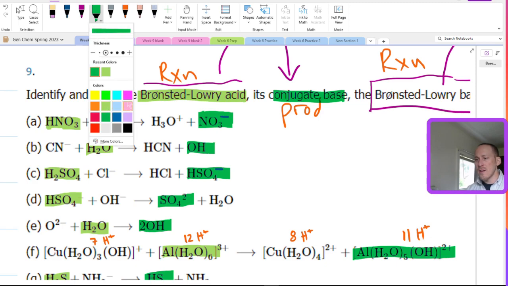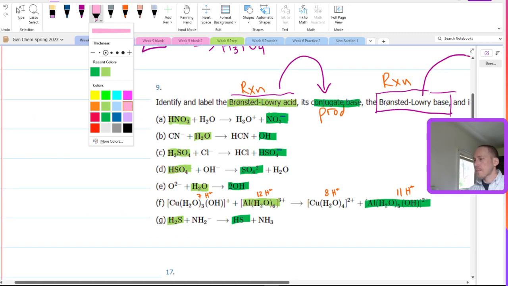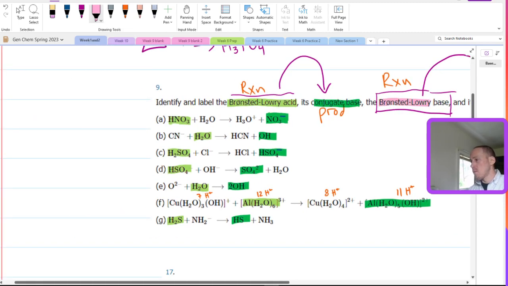So let's assign the base this nice rose color here. We could overthink it, but to underthink it, it's just whatever else is on the reaction side. If we're going to overthink it, of course, it's the thing that's accepting the proton. And you can't have one without the other.